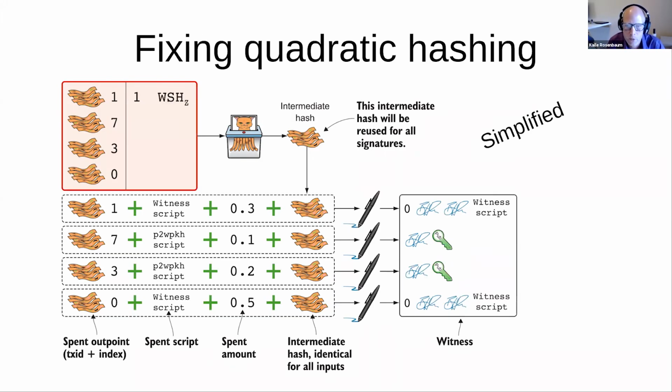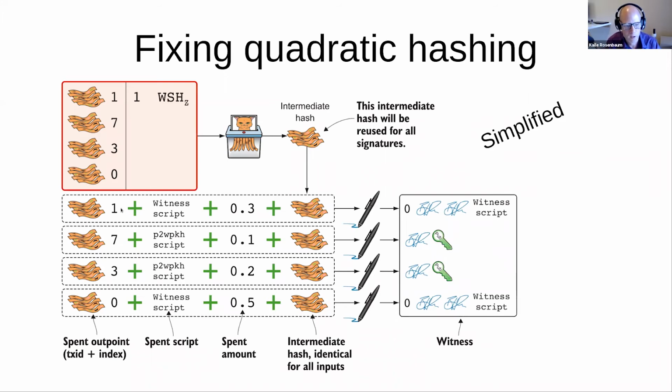So this is how we do this in SegWit. Instead of hashing the full transaction multiple times, you hash it only once. You clean all the signature scripts, and you hash it only once to get this intermediate hash. And then for each input, you create a specific message, which is the out point to spend.